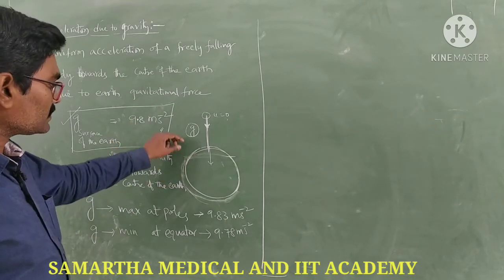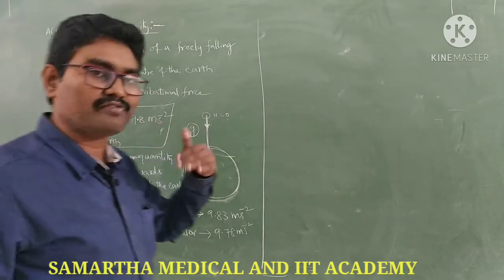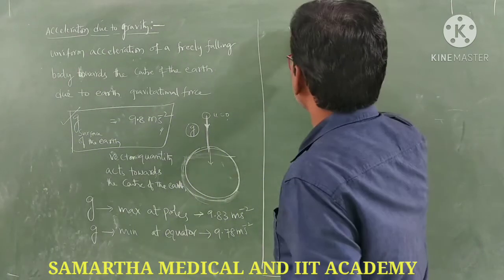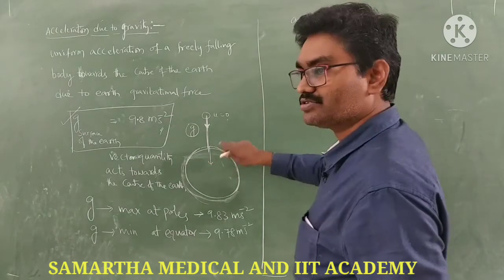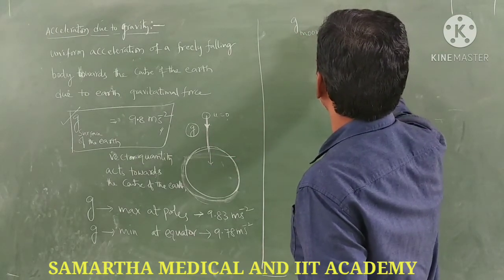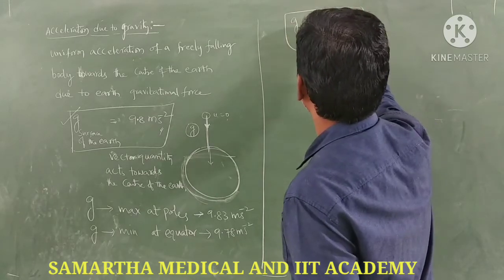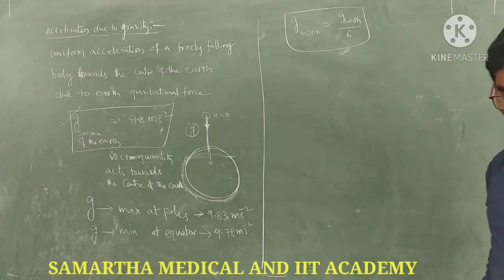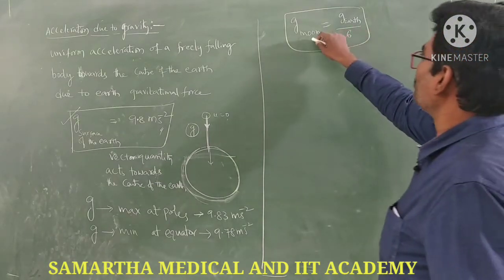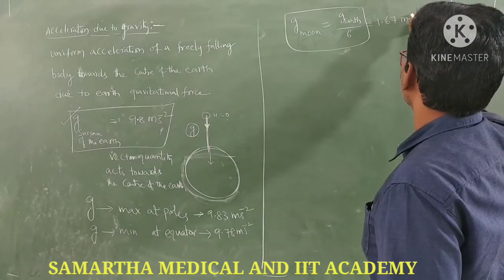And one more thing, acceleration due to gravity on the surface of the earth is 9.8, and that is different for different planets. If you take the acceleration due to gravity on the moon surface, it is 1/6 of the value on the surface of the earth, which is around 1.67 meter per second square.